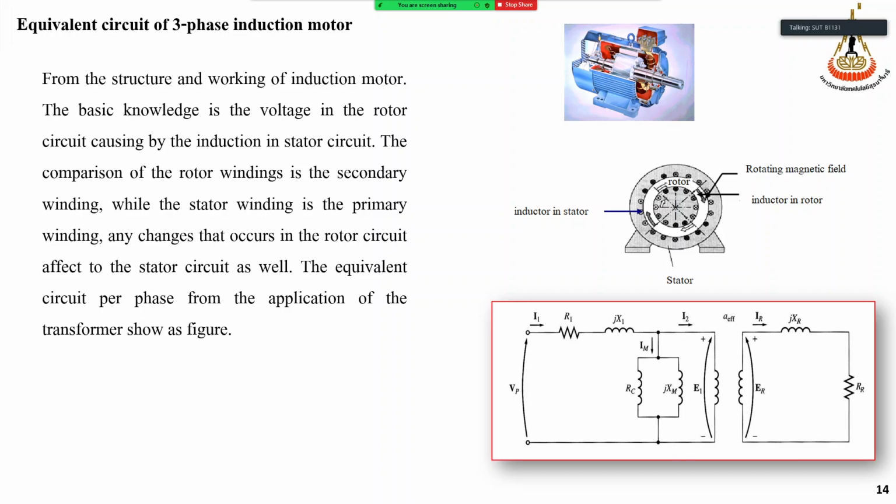Okay, so when we analyze the induction motor, one useful technique is the equivalent circuit technique. The equivalent circuit technique is the technique where we analyze the motor as an R and L circuit.